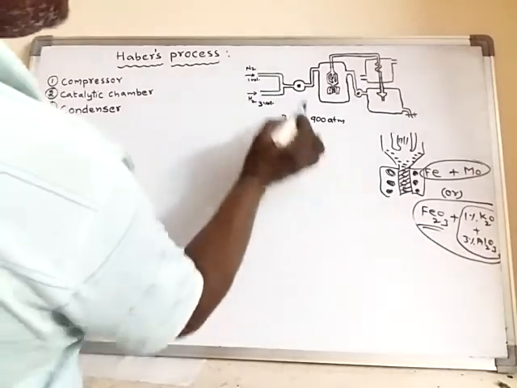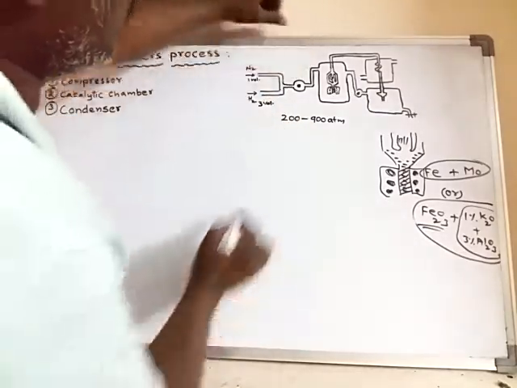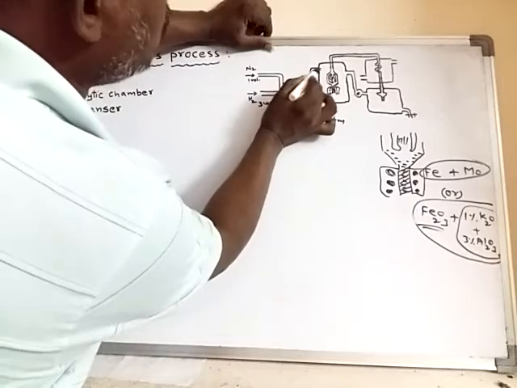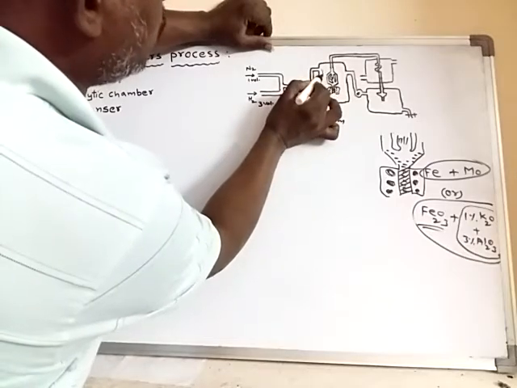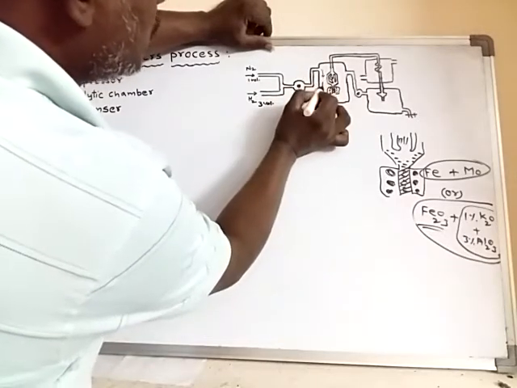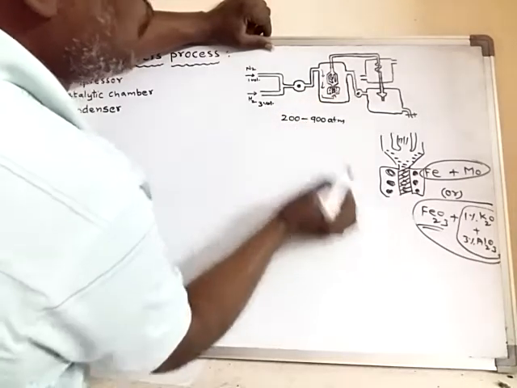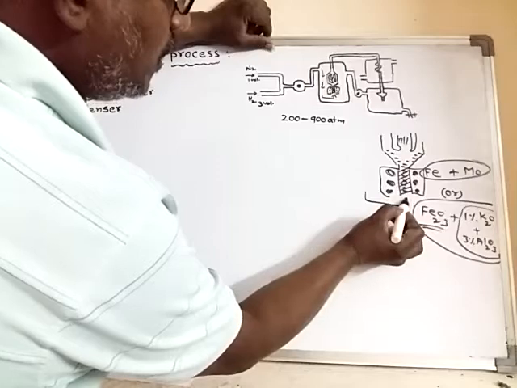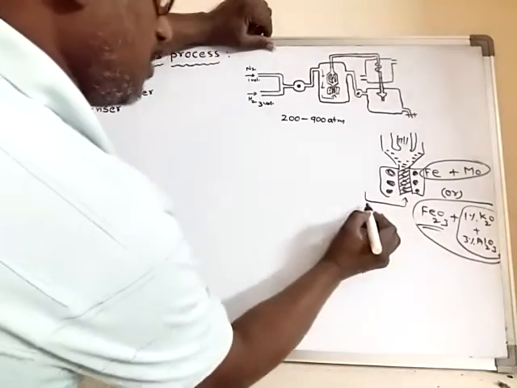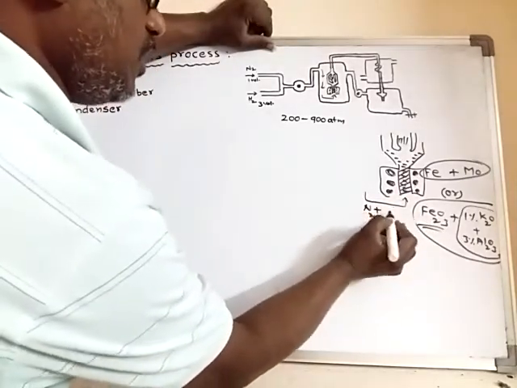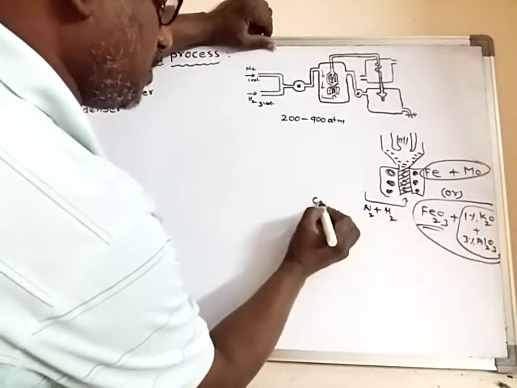The gas mixture, the compressed mixture of nitrogen and hydrogen, enters this chamber and finally goes into this pipe.